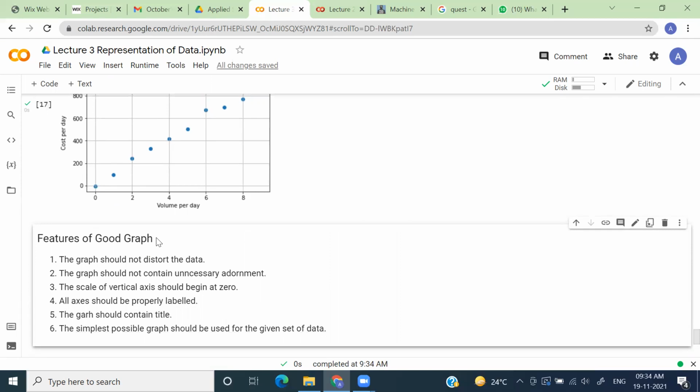Sometimes people try to make a fancy diagram, and in that fanciness, they tend to tamper with the data, right? So don't ever make that mistake. It's okay if your plot is not very visually appealing, but whatever fact you are trying to portray should be correct.